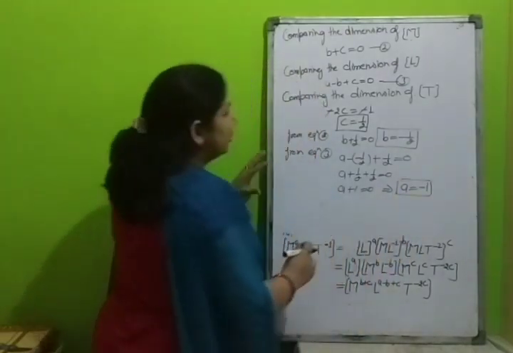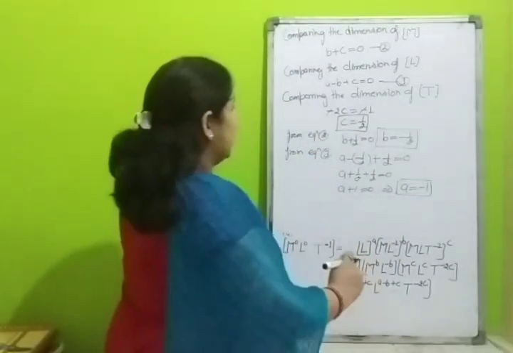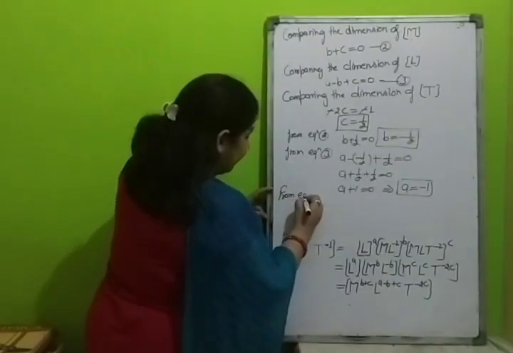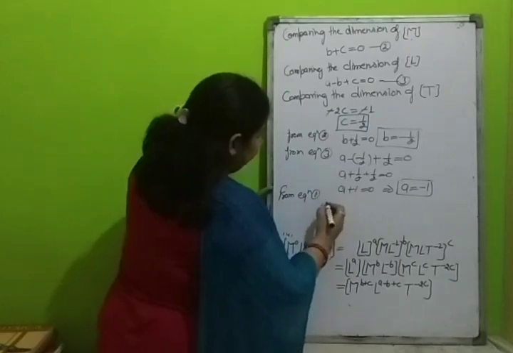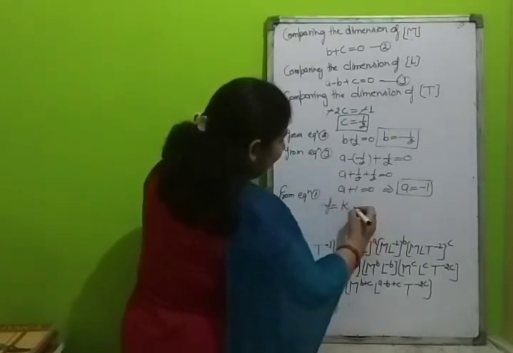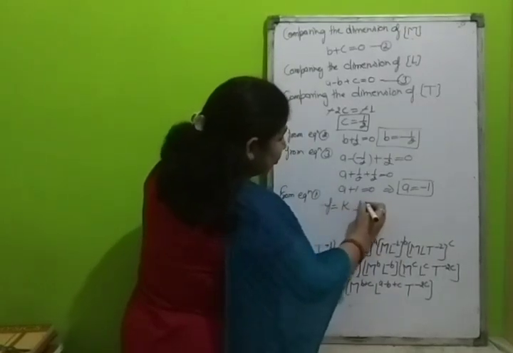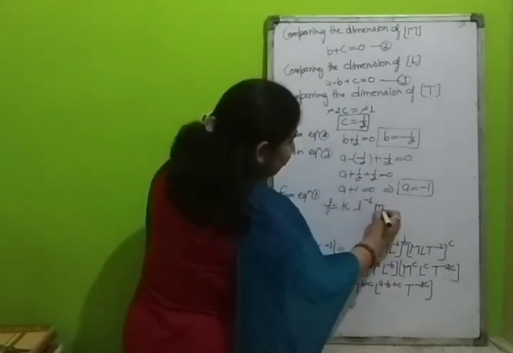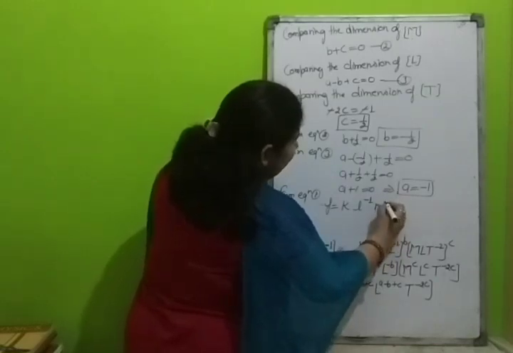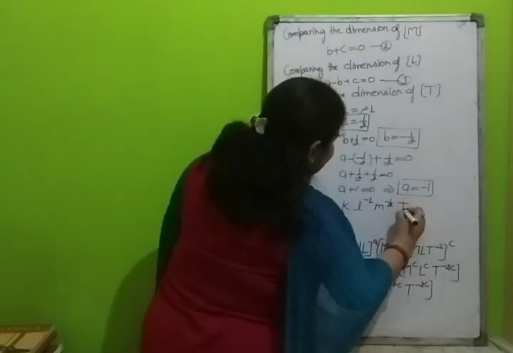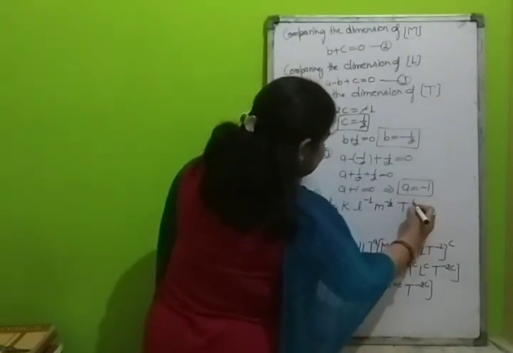Now we have all three values A, B, C. First we can find the relation: F is equal to K, L to the power A. A means minus 1. Then M to the power B. B means minus half. Then capital T to the power C. C means plus half.